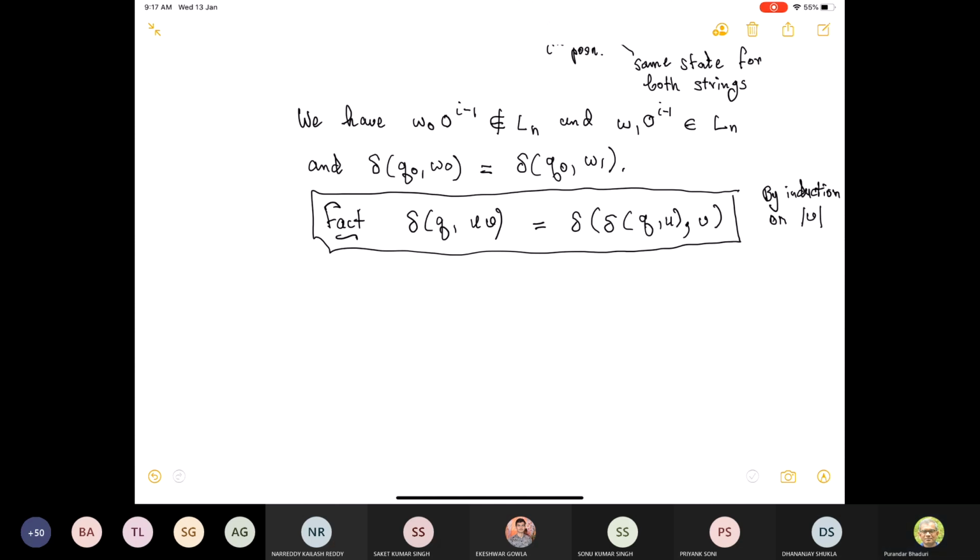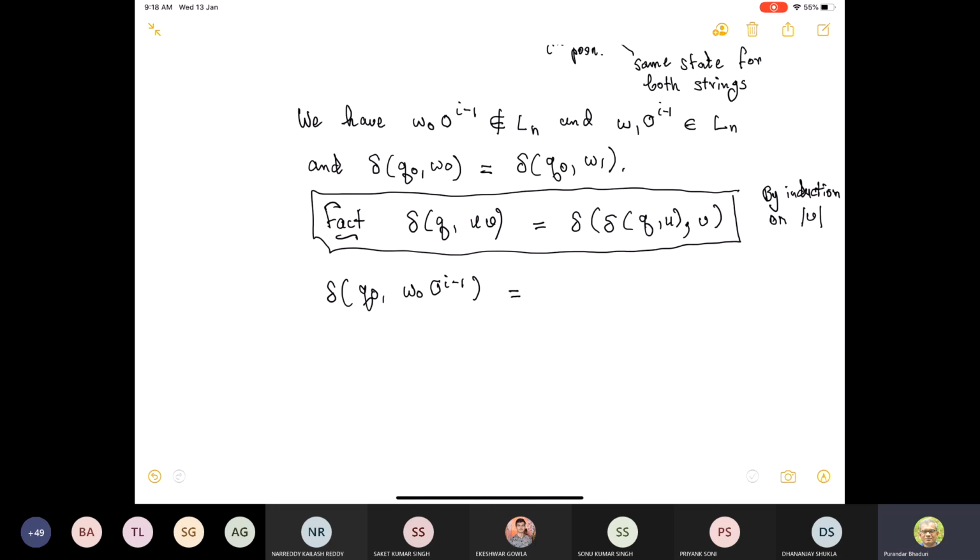Okay, we are not going to prove this, but we are going to use this because from here we know that delta hat Q0 W0 0 to the I minus 1.